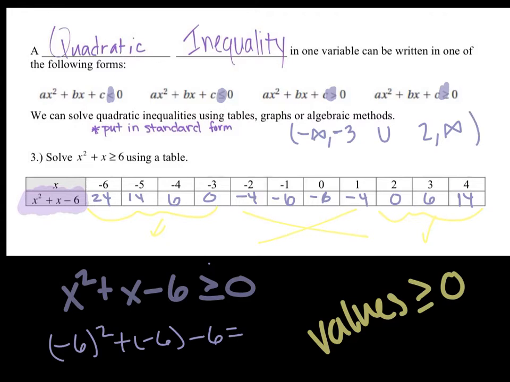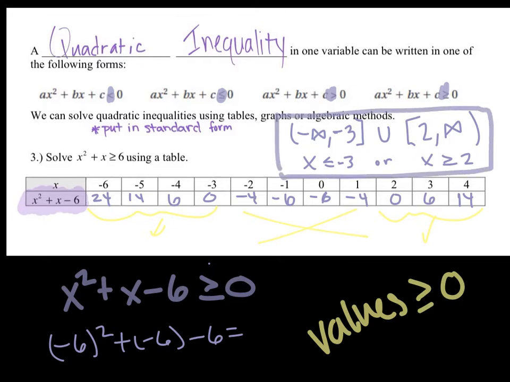So infinities always get parentheses, guys, but based off of our inequality sign, it's greater than or equal to. So we need to include those values of negative 3 and positive 2. If you were trying to write it as an inequality, it would be x is less than or equal to negative 3, or x is greater than or equal to 2. So that's it.